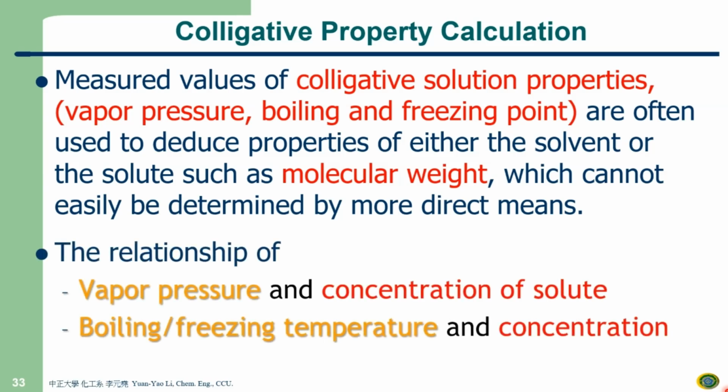As I just told you, it is the relationship between the vapor pressure and the concentration of the solute. How much salt or sugar you put in will affect the vapor pressure, boiling point, and freezing point, and the degree to which it affects them. That's what we are going to find out. So the main thing we are going to talk about here is concentration.